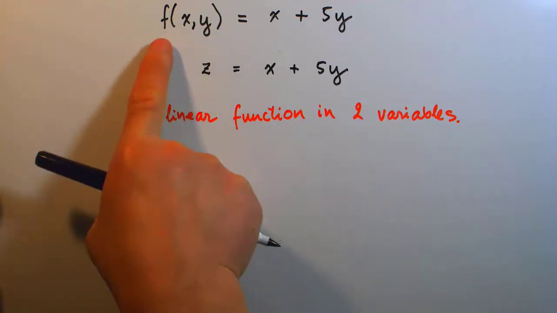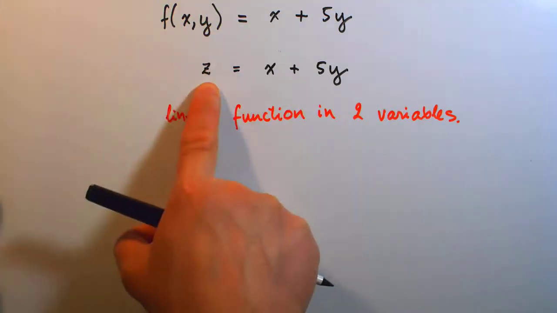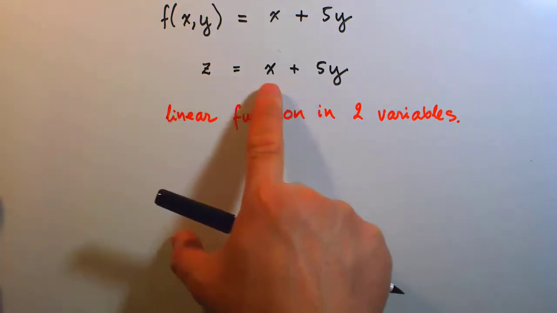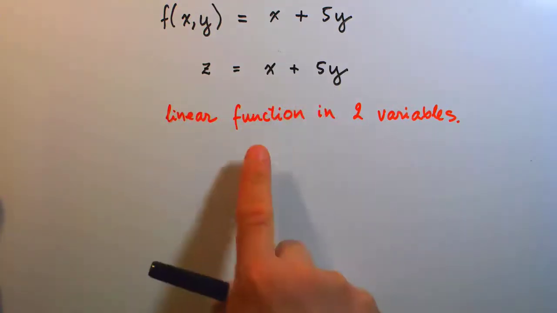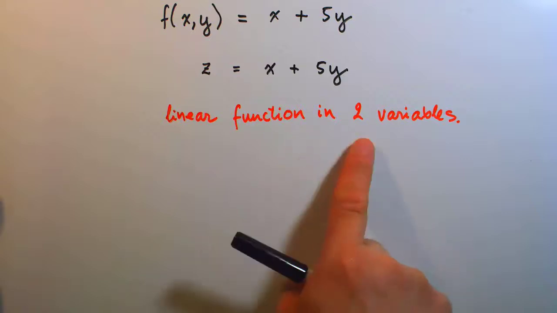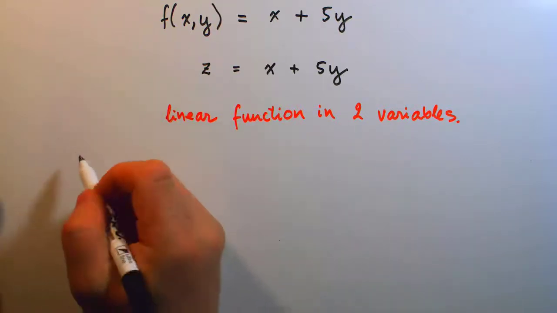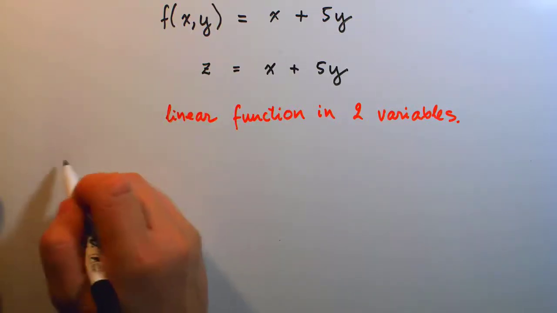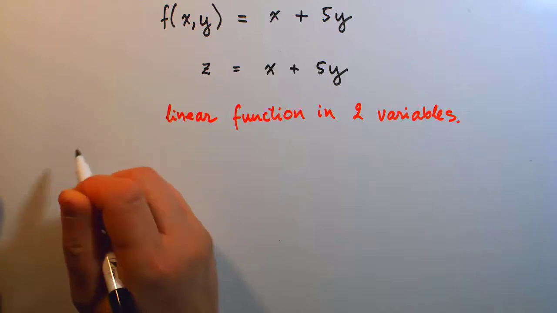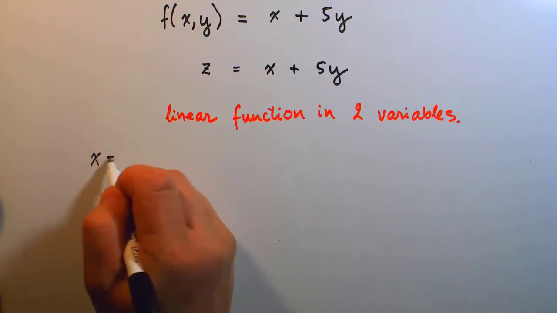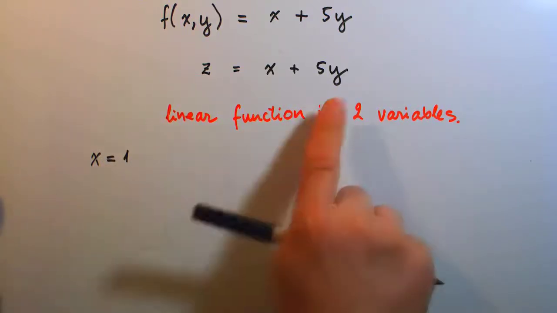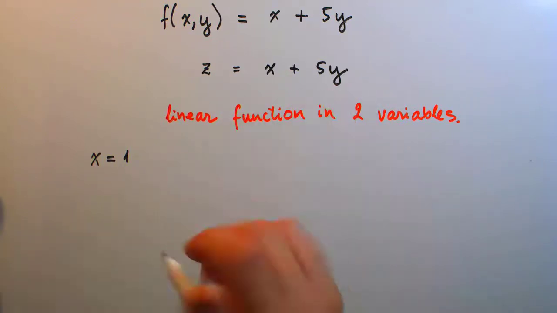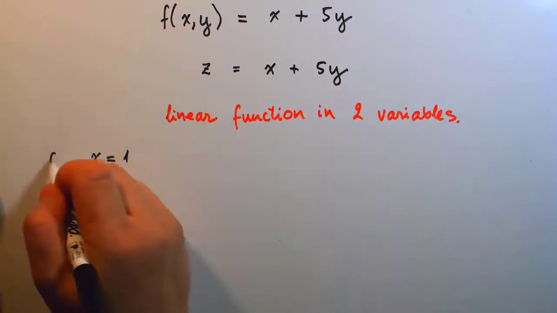So our f of x, y here, or for short, z equals x plus 5y. This function being a function in two variables means if you're simply substituting into the function only a value for x and without giving the value for the y variable, then we won't know.